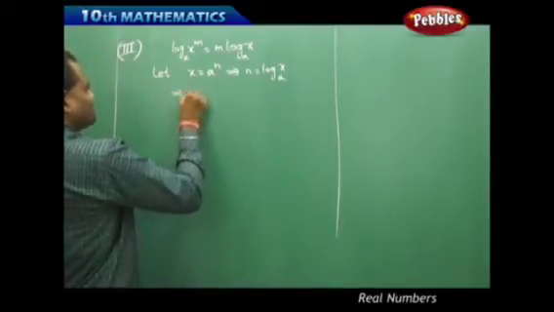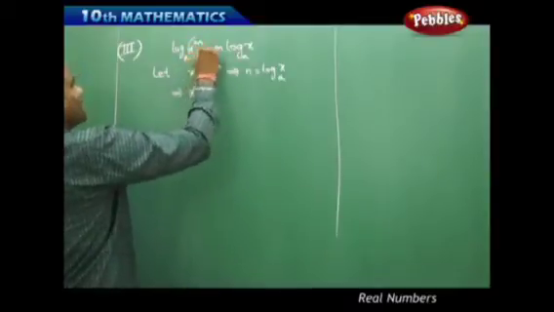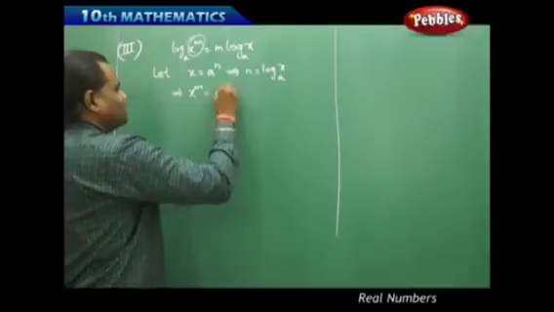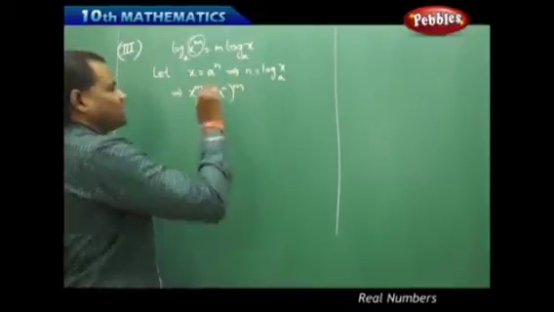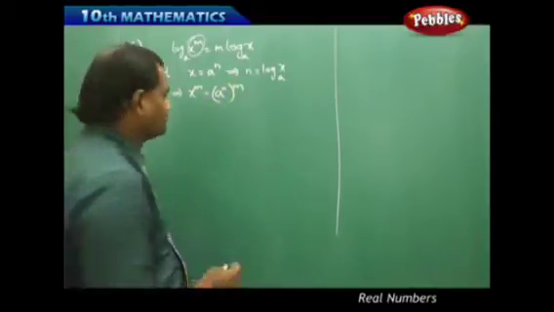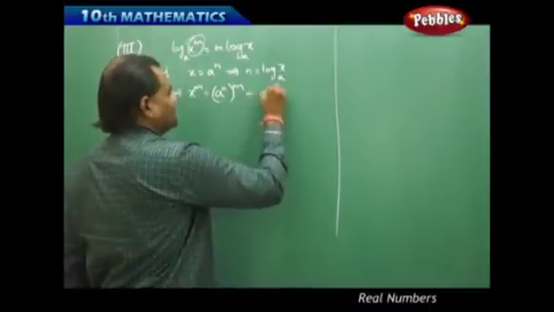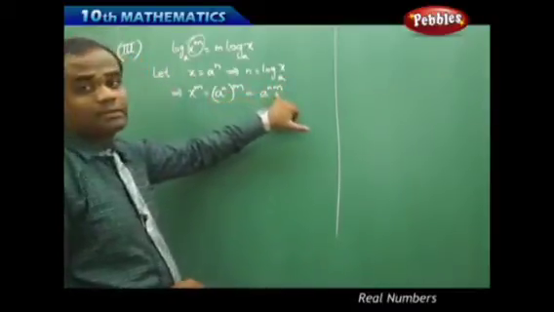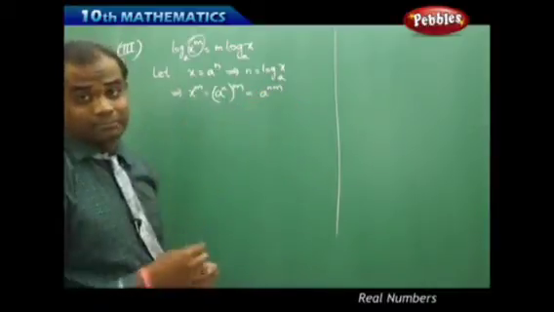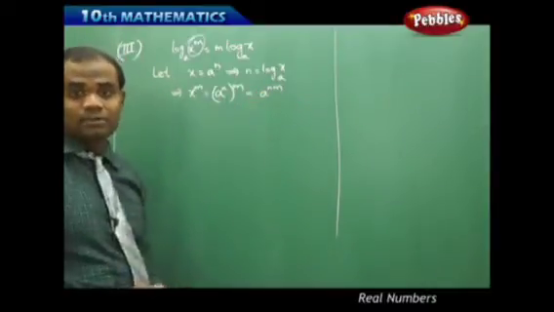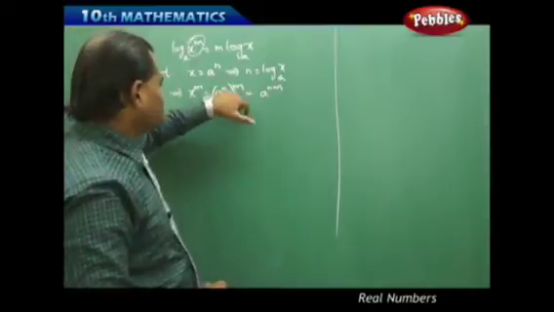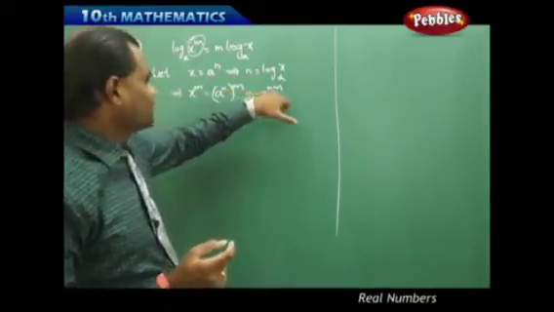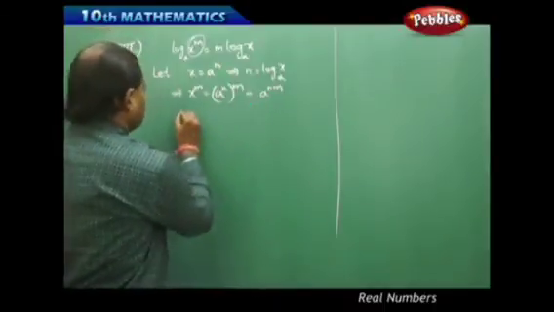Now, that implies, because I need x power m, I'm going to raise this x to power m, so that equally on the right, this gets raised to power m. And this would be nothing but a power nm. Both the powers get multiplied, but this doesn't become n power m. Most of them make the mistake out there. So this is a power, this is a power. So the powers get multiplied. So n times m is a power nm.